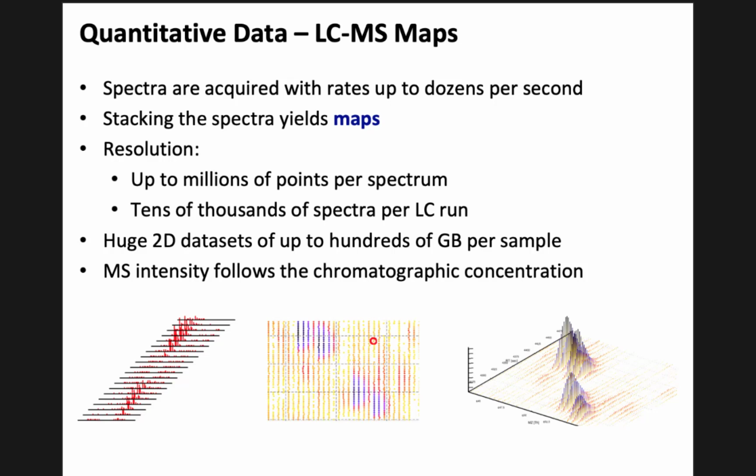So what do we see? Well, as time goes on, we see stuff coming up, intensity going up at one certain mass and then going down. This is a different mass, and we see the isotope profile. So we actually see adjacent monoisotopic plus 1, plus 2, monoisotopic plus 1, plus 2, plus 3.